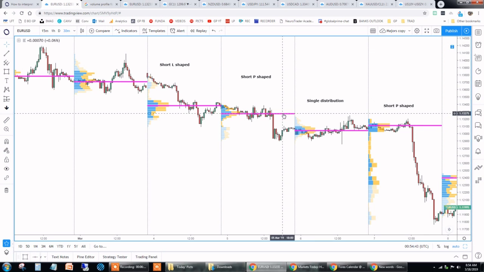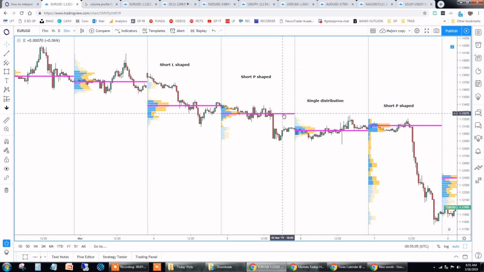And remember, the higher the concentration of volume at a particular price level, the more relevant it is going to be, and the more it's going to be watched by the market. You will be surprised, and without really cherry picking, I'm just going to go through the whole March in the euro dollar market.